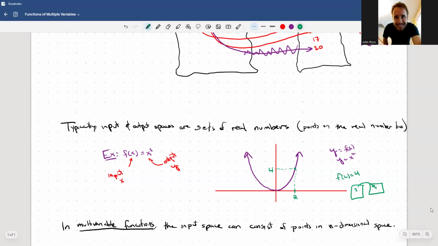In multivariable functions, the input space can consist of not just numbers, but points in n-dimensional space. And so I want to highlight what I mean here. I'm going to just erase this piece to give myself a little bit more room. There we go. In my original function that I had drawn up above, my input set was the set of real numbers, and sometimes the set of real numbers, aka the real number line, is identified with this symbol.